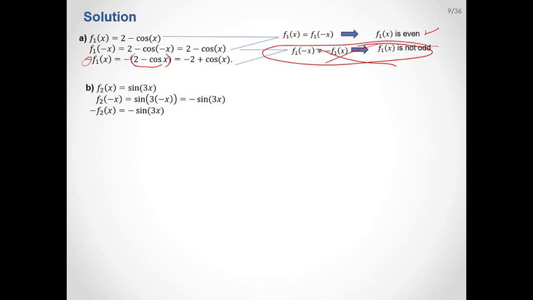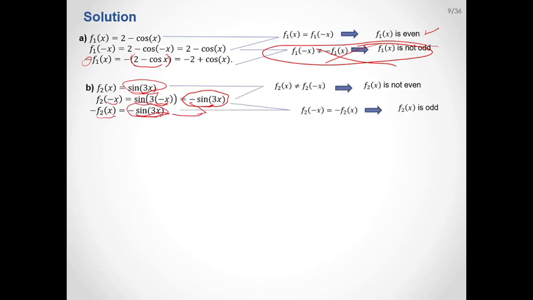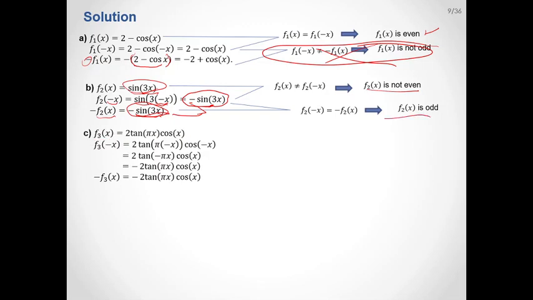So f of x is this, and now you put minus x for x, so that will be sine of negative 3x, and sine is odd, so we take the negative out, so negative sine 3x, and you see they're not the same. But minus f of x, which is minus sine 3x, as you see they're the same. So this is not even, but it's odd.